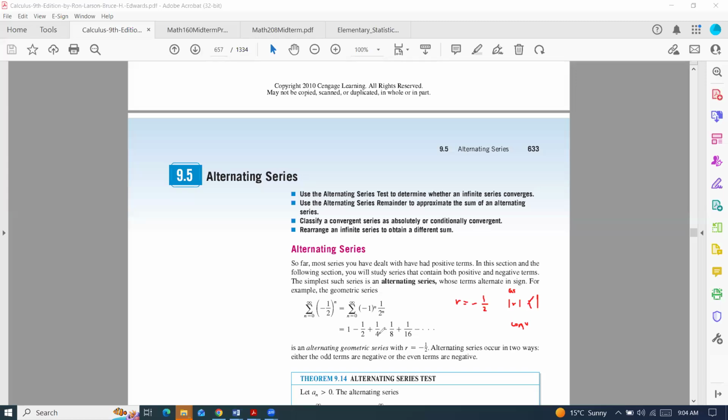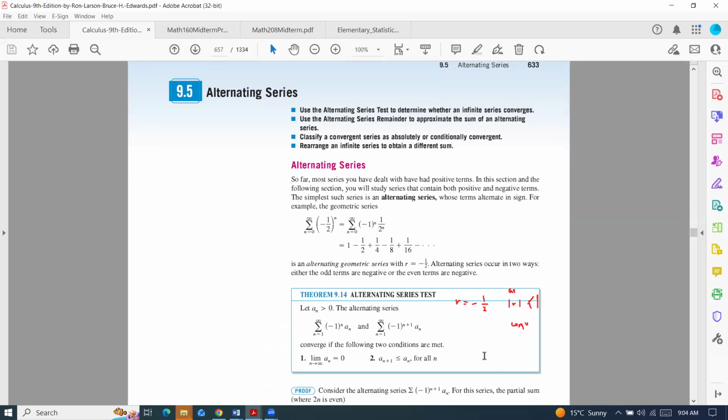And it looks like 9.5 does not bring us anything for this particular example. That's what they say, the ratio is -1/2. But they go deeper. They say if this is an alternating series, and if there is another condition, the next term is going to be smaller than the previous term.